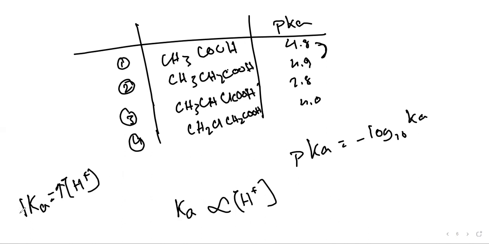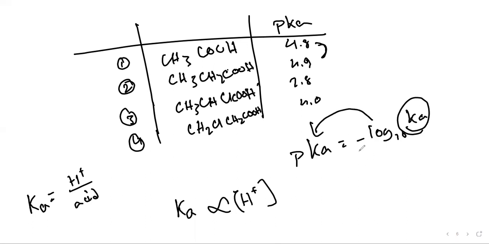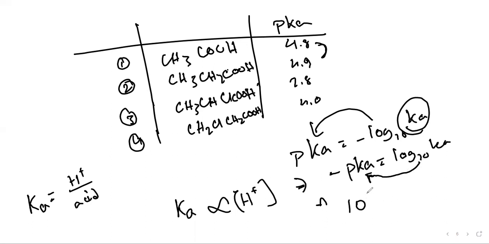If that's the case, then we can think of this in terms of H+. Rearranging the equation, we get negative pKa equals log base 10 of Ka, and when the logarithm goes to the other side, it becomes the power of the term, so Ka equals 10 to the power negative pKa.